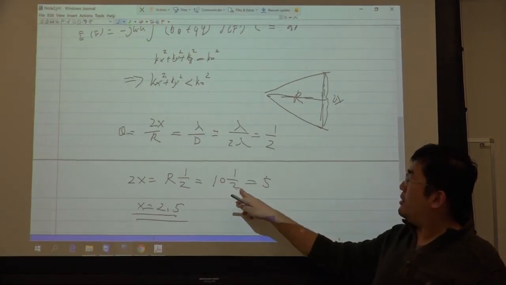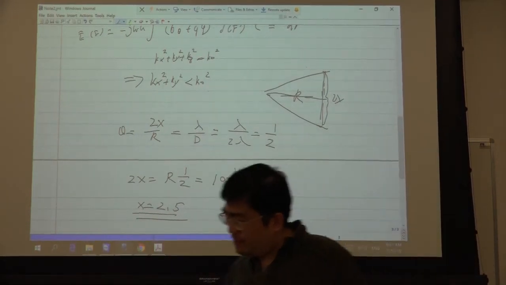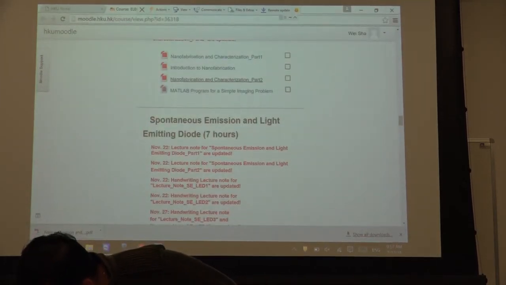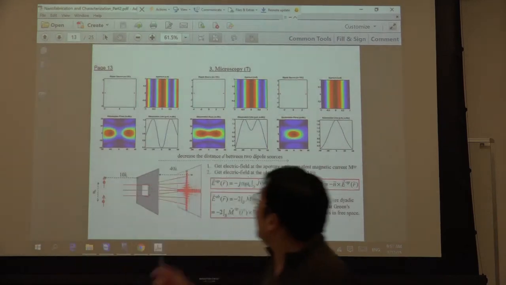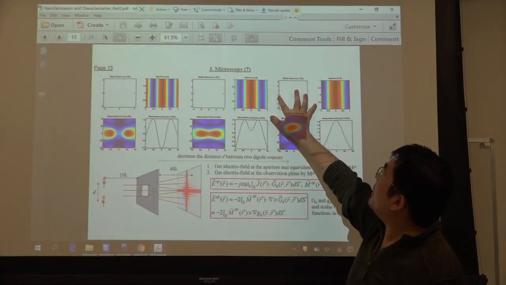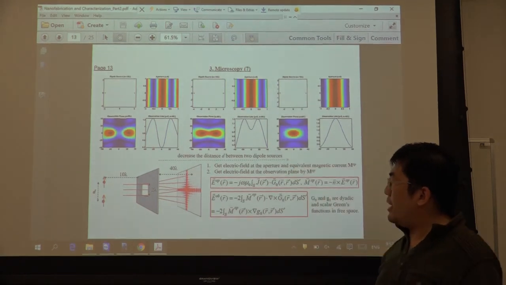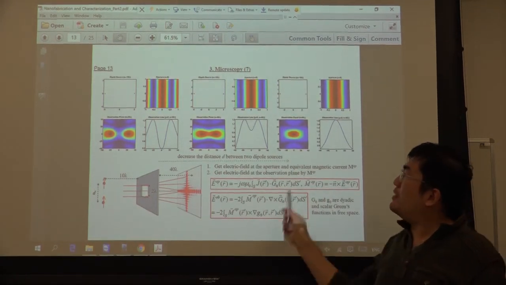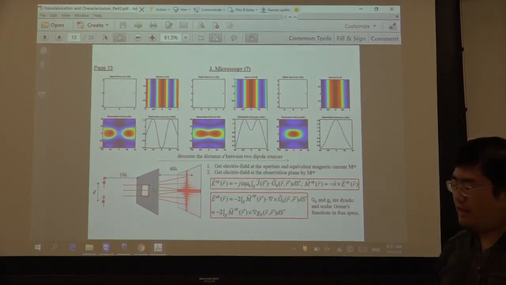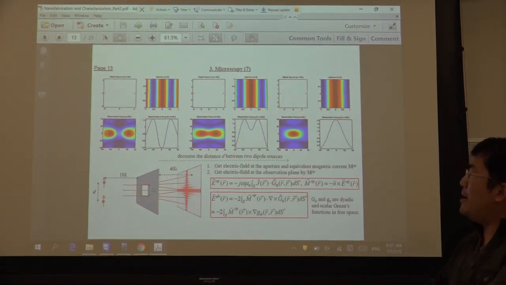It's 10, so it's 5. So the minimum resolution is 2.5, and 2x is 5. I use the Green function to calculate all the field. The Green function is a very powerful technique. You can use it to calculate many things.